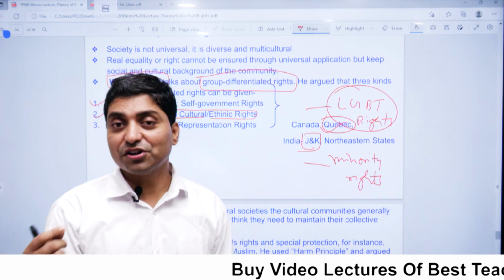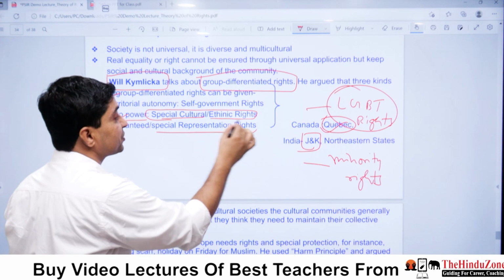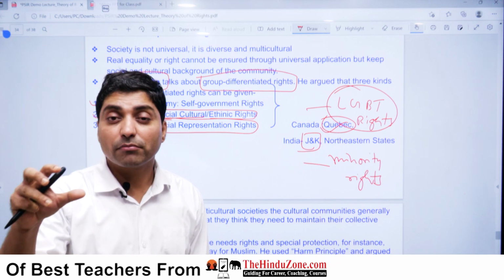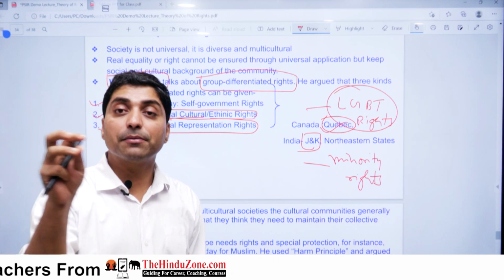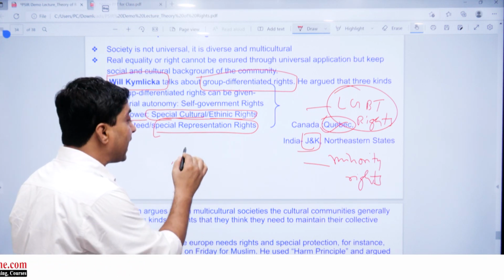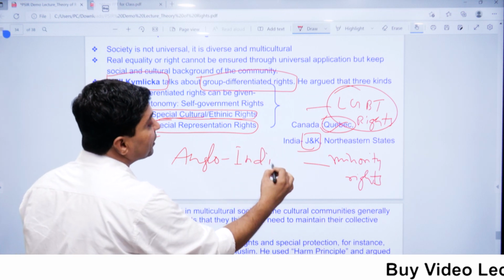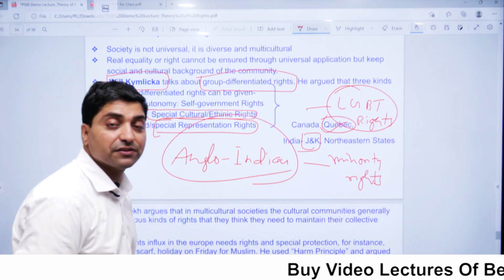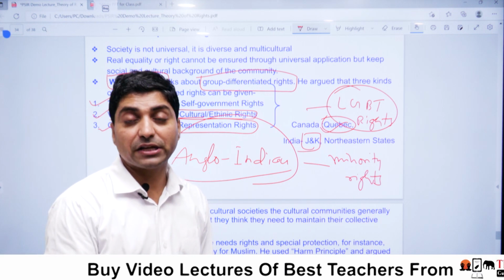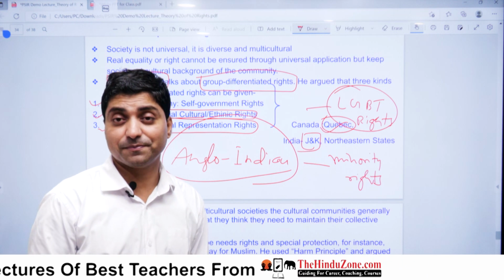Now the third set of rights, he talked about guaranteed special representation. Kymlicka says a particular group must have representation. For example, the Anglo-Indians had representatives in the Indian Parliament because they are not able to elect a representative, being in a minority.